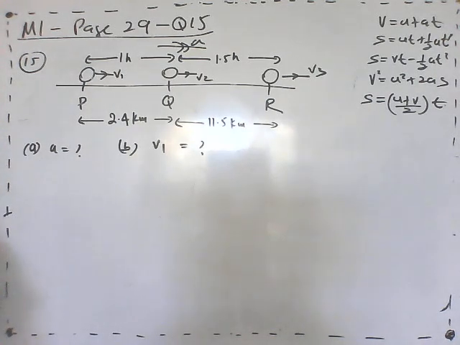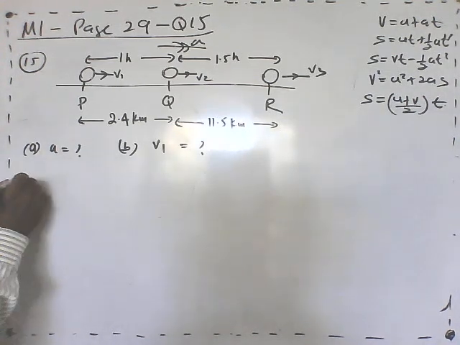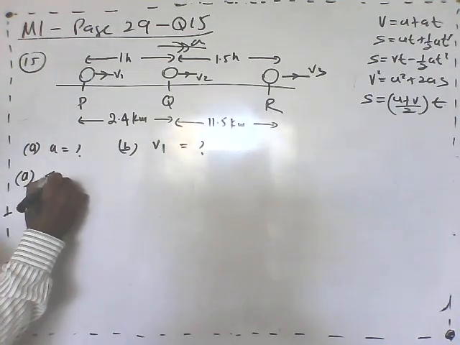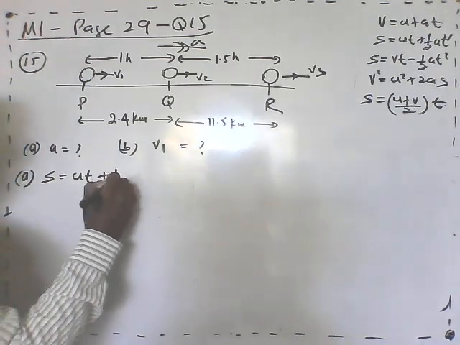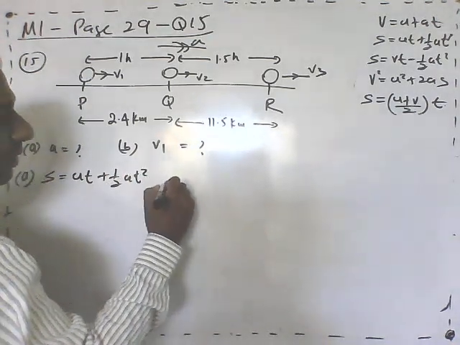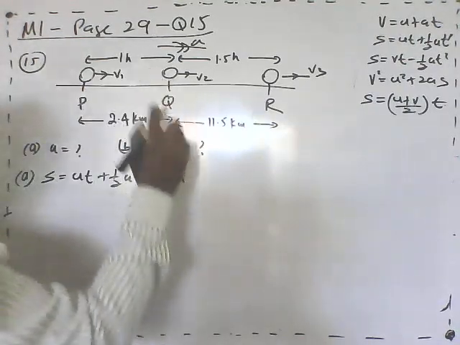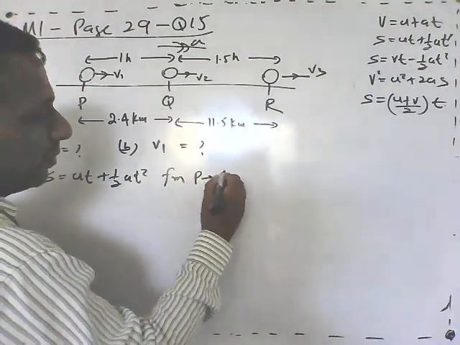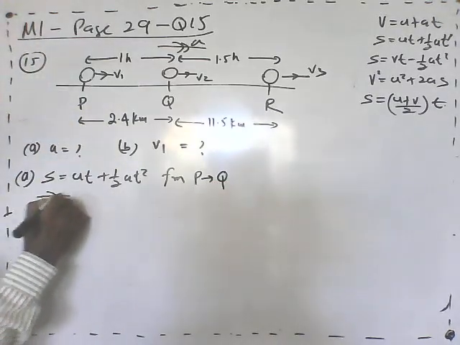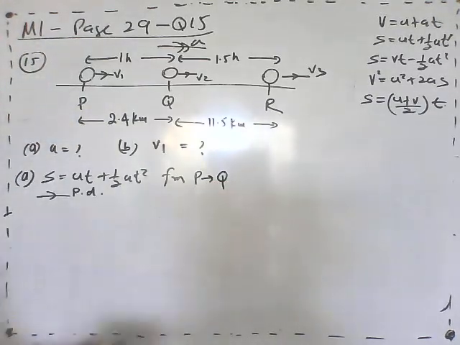Part A we will start. So we will write S equal ut plus half at square from P to Q, and the positive direction we will mention to the right side.